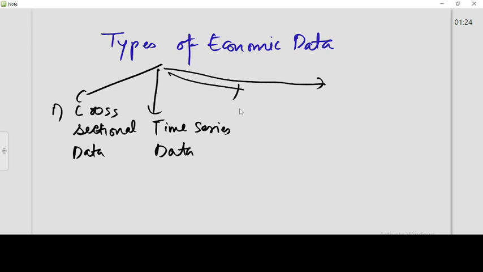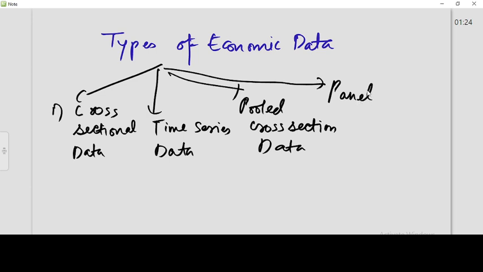Then we have your pooled cross section data, and the fourth one is your panel slash longitudinal data. Okay, so these are the four types of data that are available for an econometrician, and we'll try to discuss each type of data individually.